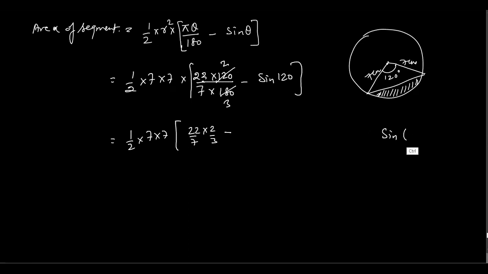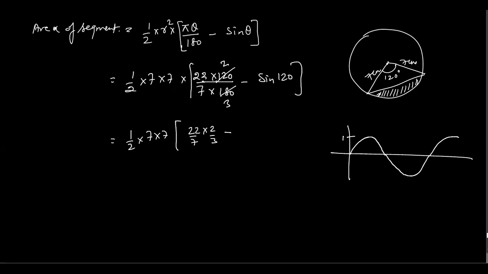You know very well the graph of sine: if I make the graph of sine, the value starts from 0 and the maximum value is at 90, that is 1. Then it comes to 180, and then it goes on.